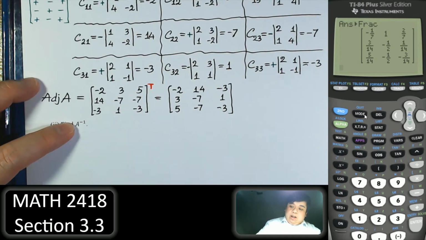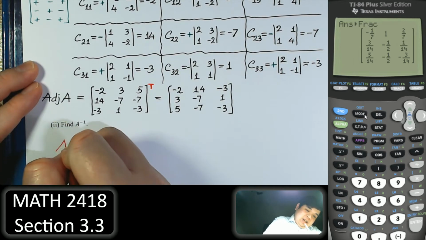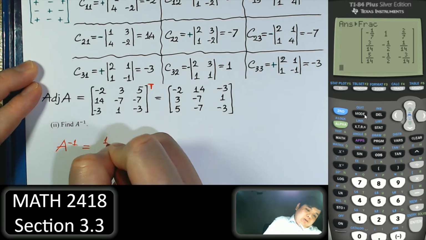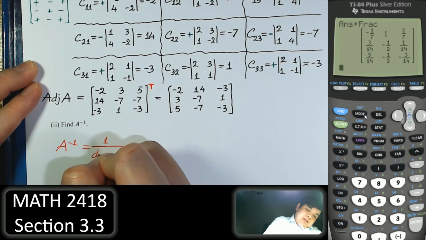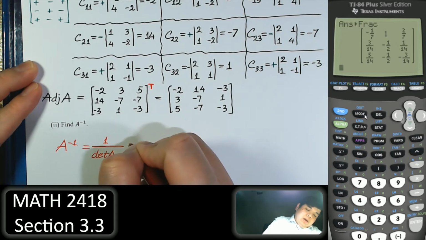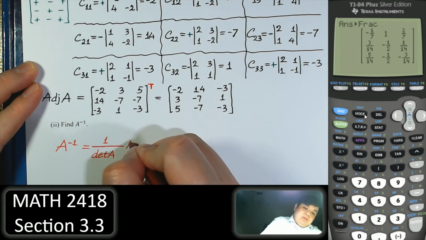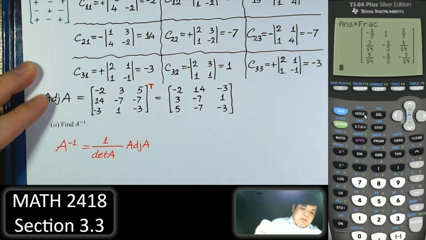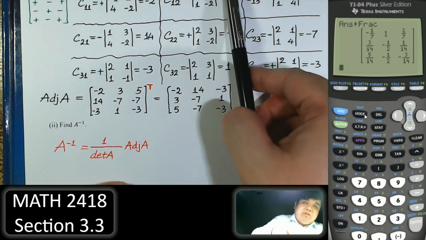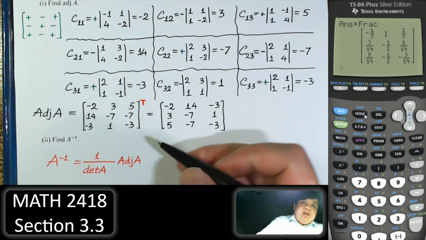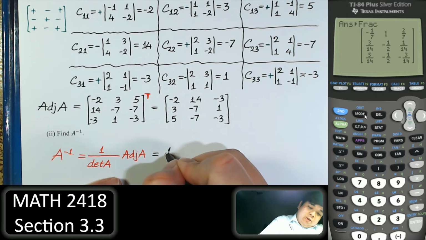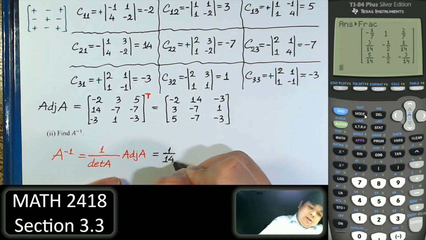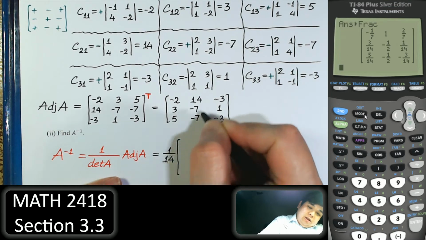Now, to find the inverse, A inverse is equal to 1 over the determinant of A times the adjugate of A. So we did find the determinant, 14, so it's 1 over 14 times that.